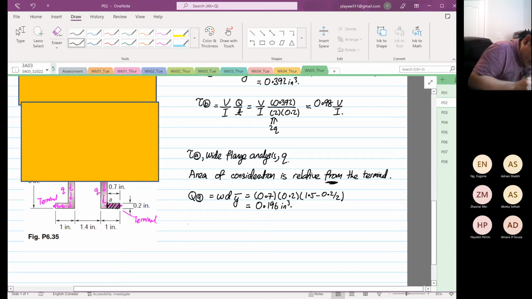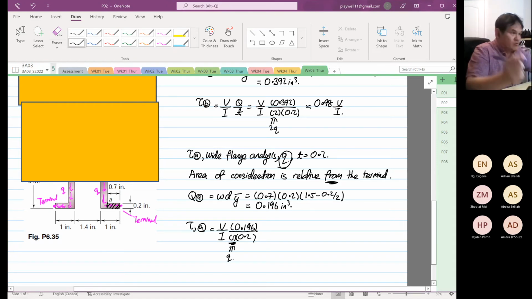So now we can find the shear stress at point A, right? So this is equal to V over I, are constant, regardless of whatever point we're interested. The Q is 0.196. Now, over here, you only need to divide by the thickness. Over here, the thickness is equal to 0.2. I put 1 down here because we only have Q. Now I'm teaching, I put 1.